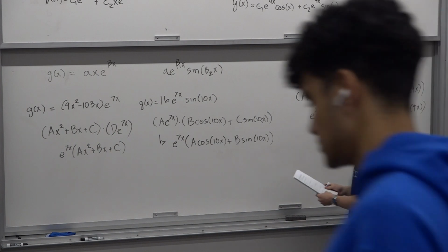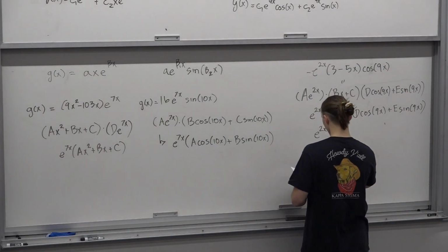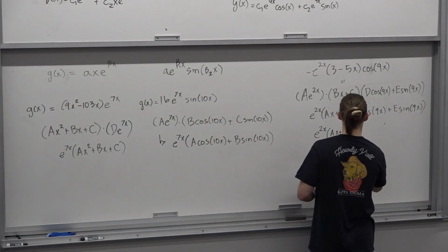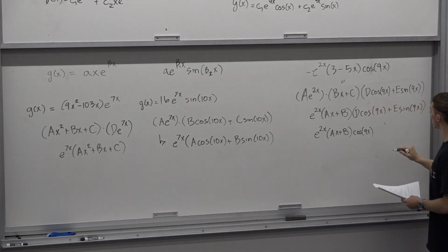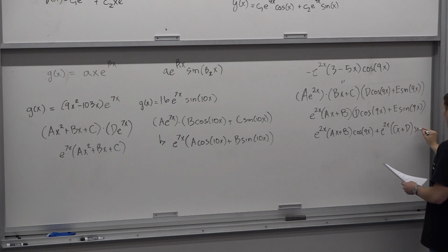And so what we get is e to the 2x, ax plus b, cosine 9x, plus e to the 2x, cx plus d, sine 9x.